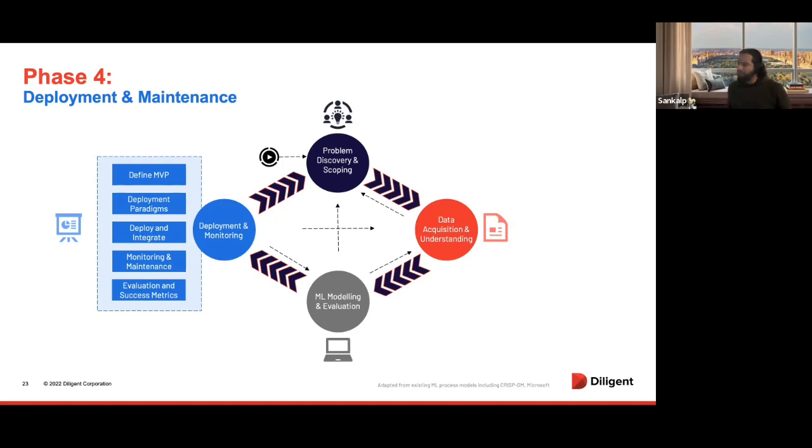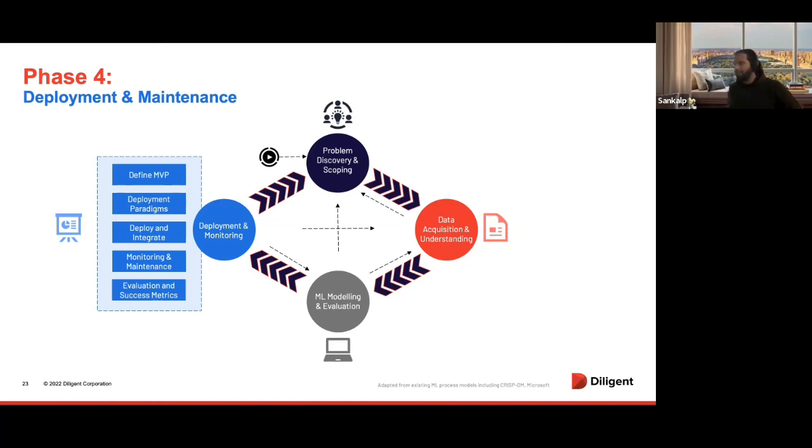Because the MVP would allow you to complete one cycle of the build, measure, learn loop by presenting the leanest version of your machine learning powered product to the end users and receiving useful feedback on it. And also, depending on the use case, there may be some other decision making required in this phase, like what exactly your deployment paradigm looks like.